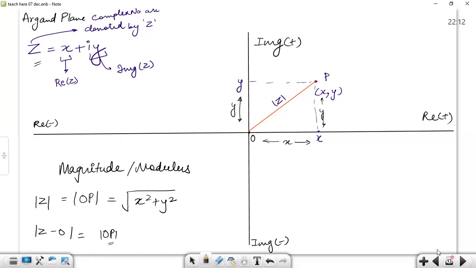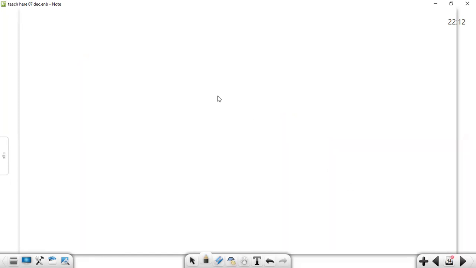There was origin O and a point P (x, y), and we were finding the modulus of z minus 0, because it was the origin. So this is the distance OP, right?